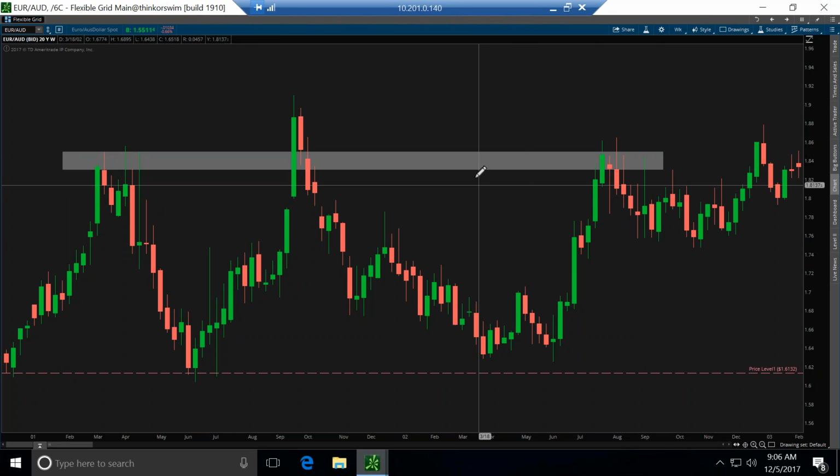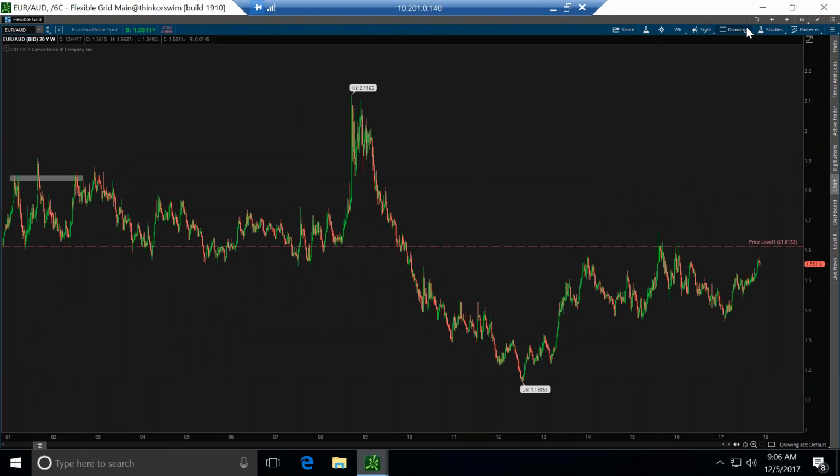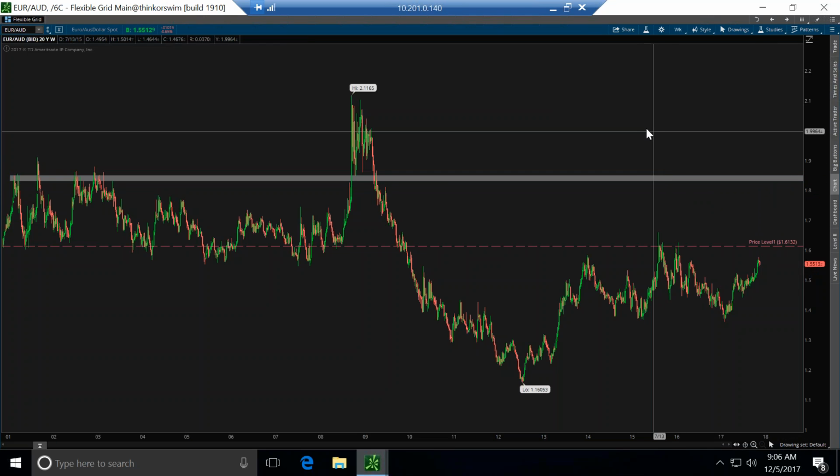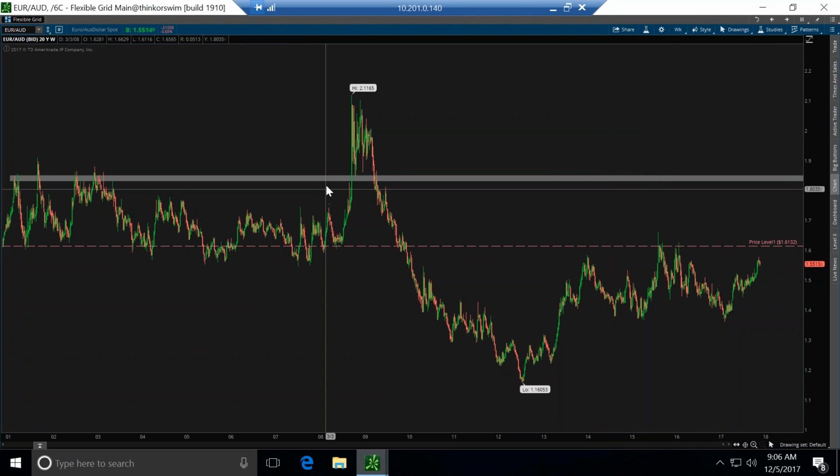So if you want to draw something like that, and then you want to change the coloring so that you know you're not looking at supply and demand, and instead you've got a little bit of a price reversal zone, that's perfectly fine. I encourage it because it'll be easier for you to gauge where your stop loss is going to go, especially on a swing trading type of account.